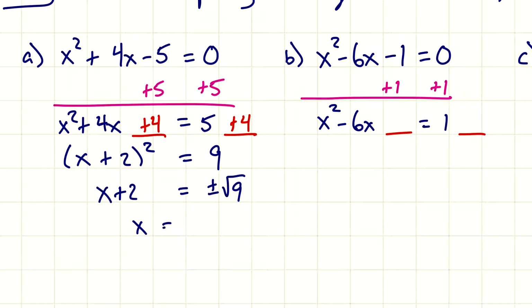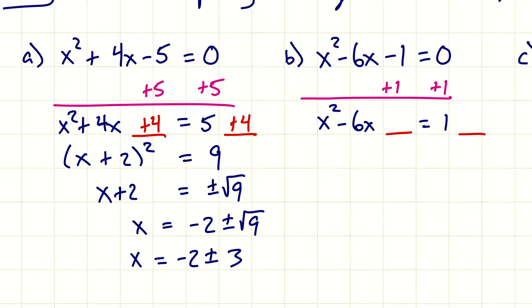And then I'm going to subtract 2 from both sides. So that part was still the same, so the answer was almost the same. I just made that error on this number. So let me fix that. This is going to be x equals negative 2 plus or minus 3, right?